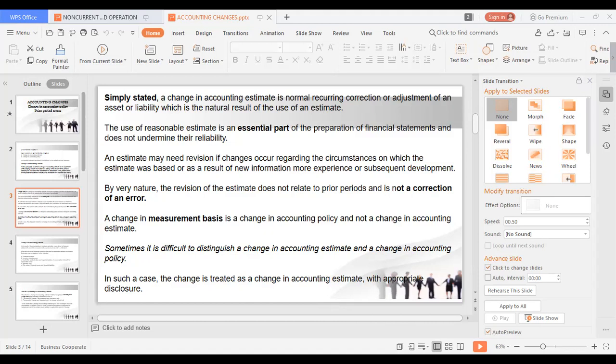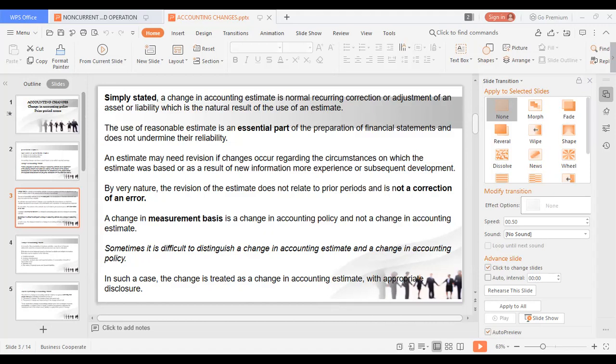So the increase in the provision for inventory obsolescence is ignored because this is a change in accounting estimate and not a change in accounting policy. So in question number 2, the answer is 0. So we have letter D.